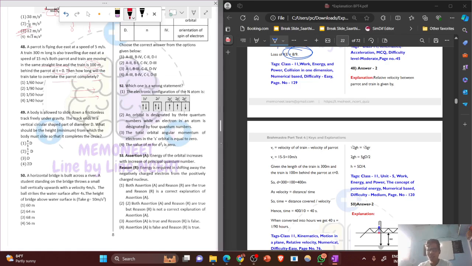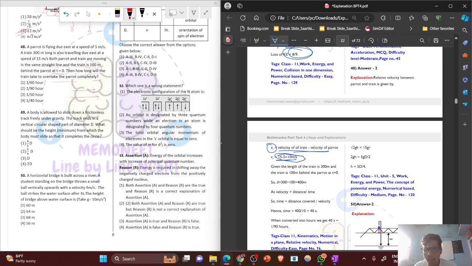Go to one frame and make that at rest, then do the calculations. The velocity of the parrot with respect to the train is 15 minus 5, which is 10. The initial distance is 100 meter, plus in that time the train is 8 meter long. To overtake, it has to cover the train length also.